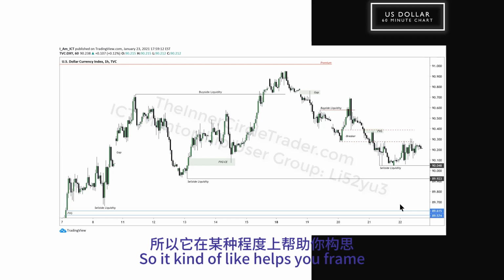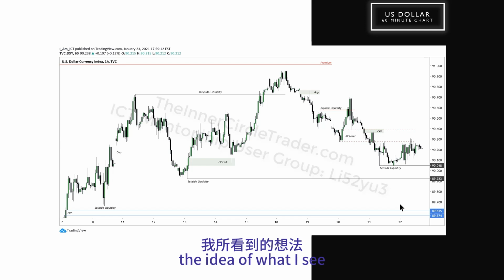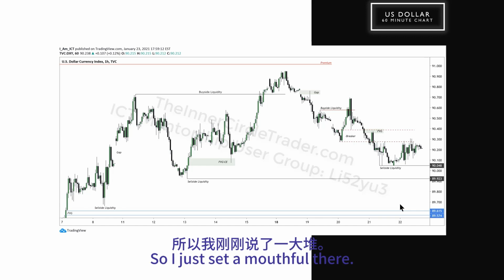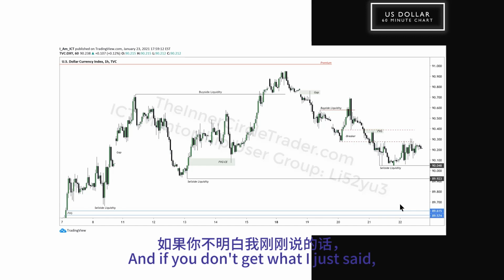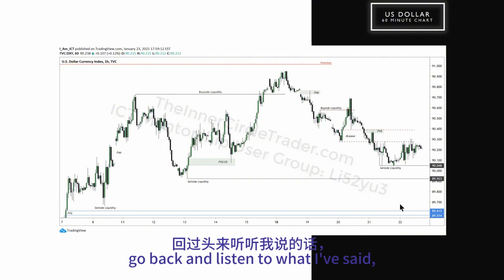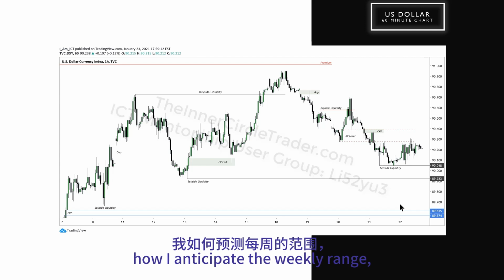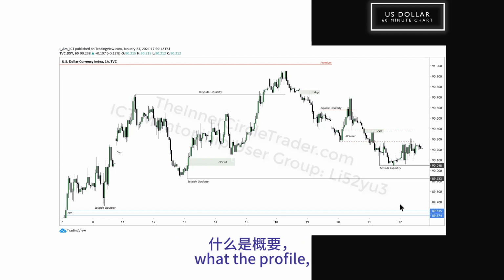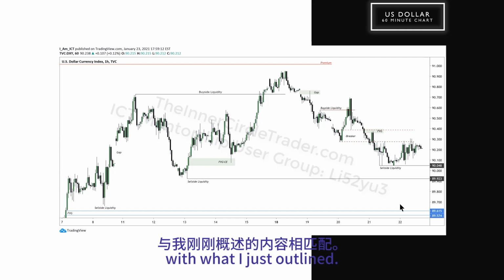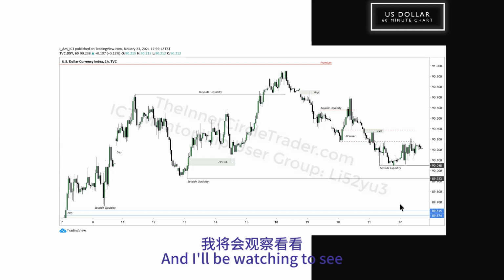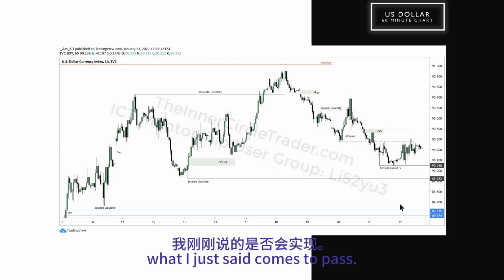So it helps you frame the idea of what I see and what I would operate in as a normal routine. I just said a mouthful there, and if you don't get what I just said, go back and listen, because I basically framed out what I think the weekly range would do, how I anticipate the weekly range, what weekly profile. You match that up with what I just outlined, and I'll be watching to see if what I just said comes to pass.